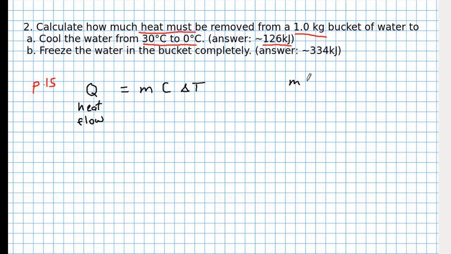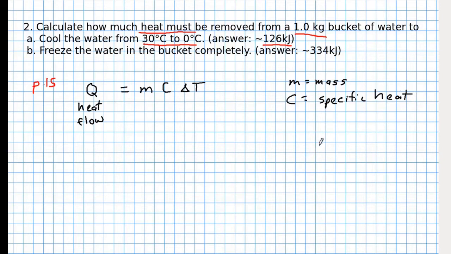So the M is the mass of the material. The C is the specific heat. And the specific heat measures how difficult it is to change the temperature of that material. So a high specific heat means it's hard to change the temperature, meaning it takes more energy to do it.